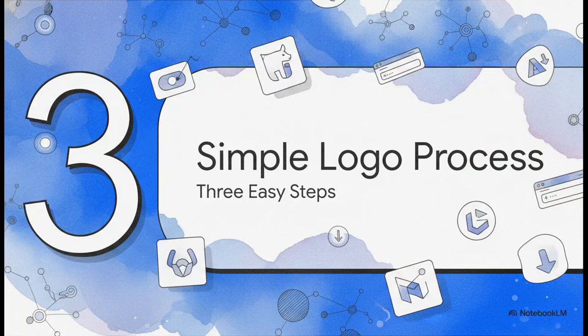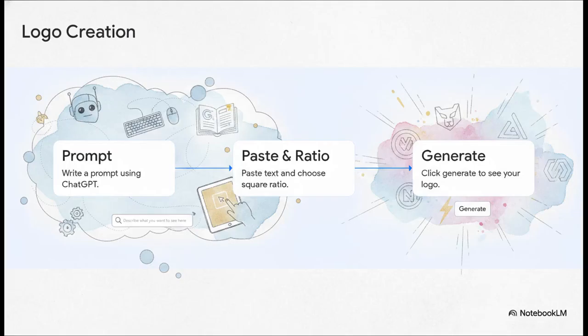Moving right along to Section 3, simple process of logo making. Now, you might be thinking, AI sounds complicated. But I want to reassure you right now, this workflow requires absolutely zero technical design skills. It is just 3 incredibly simple steps. Step 1, you just generate a text prompt describing what you want. You can even use ChatGPT to help write this out.